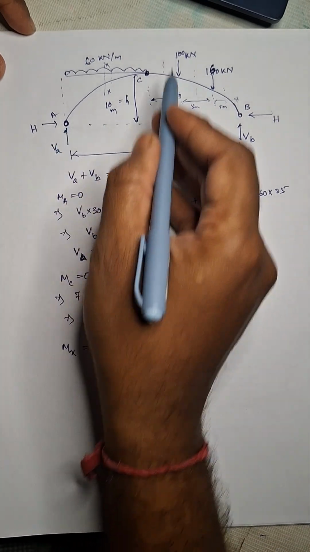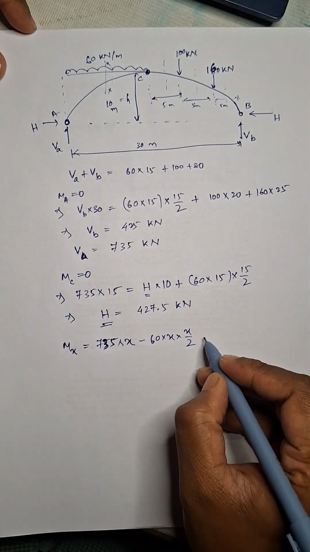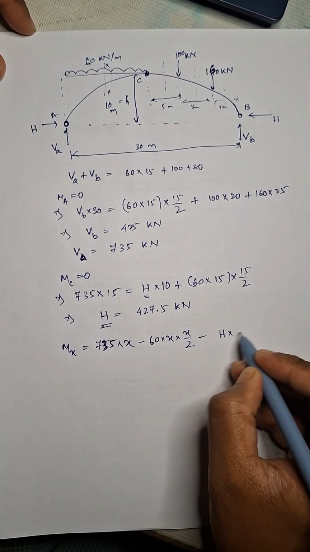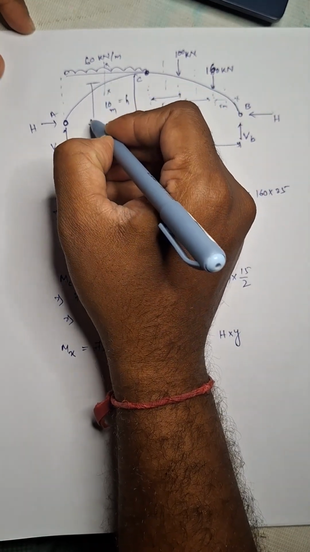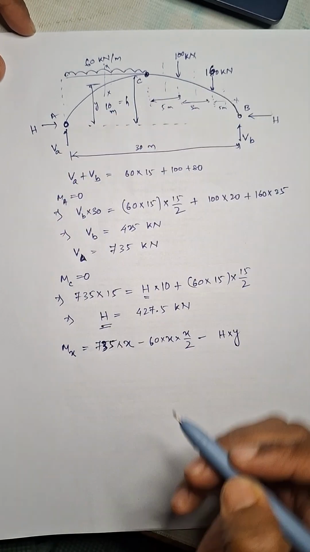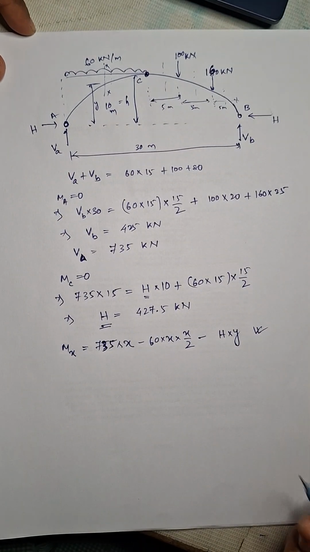Due to H also there will be an anti-clockwise moment, so minus H into the distance Y, where at this point the height is Y.